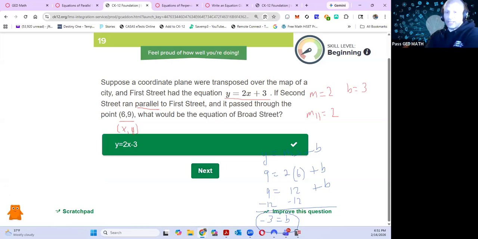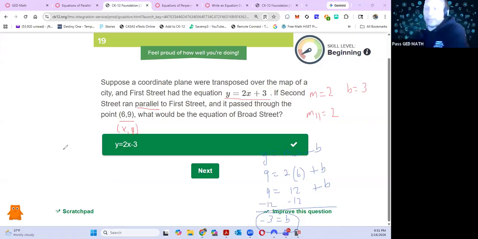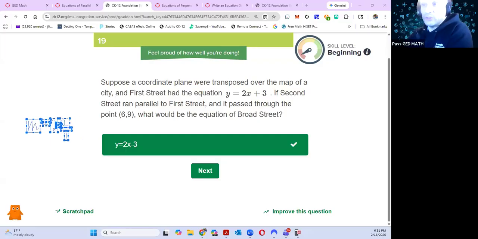Again, if you understand that, right? I'm using my calculator. Why? Because I know my slope is 2, which is 2 over 1. Again, I'm giving you multiple ways to solve this problem.